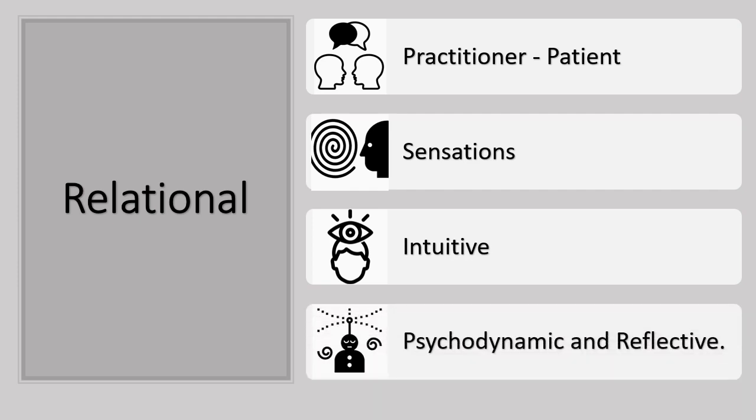Also, we take into account the psychodynamic and the reflective effects of the interaction between the practitioner and the patient. Because each time there is an interaction, something rubs off from one to the other. It's a very sacred, very personal, very intuitive kind of relationship that a patient and a practitioner establish when you reach this level of healing.